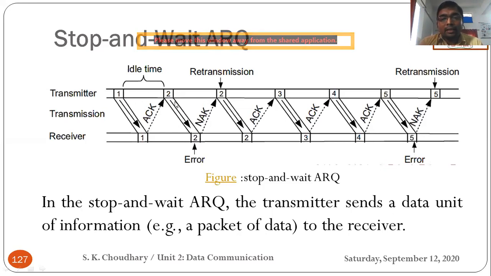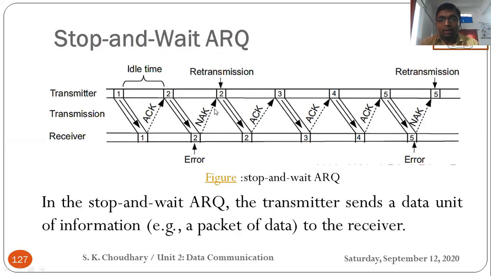Now you can see the second data packet has been transmitted to the receiver end, and at the receiver it is found that maybe the packet is lost, or maybe there is some error. The error is found by the receiver, and it sends a negative acknowledgement, NAK, to the transmitter end.